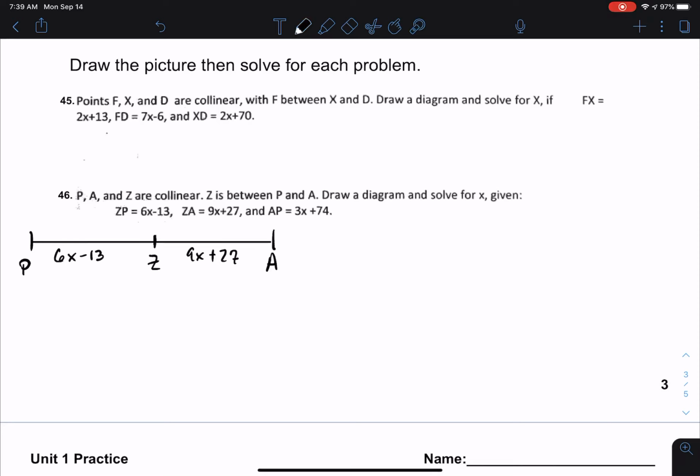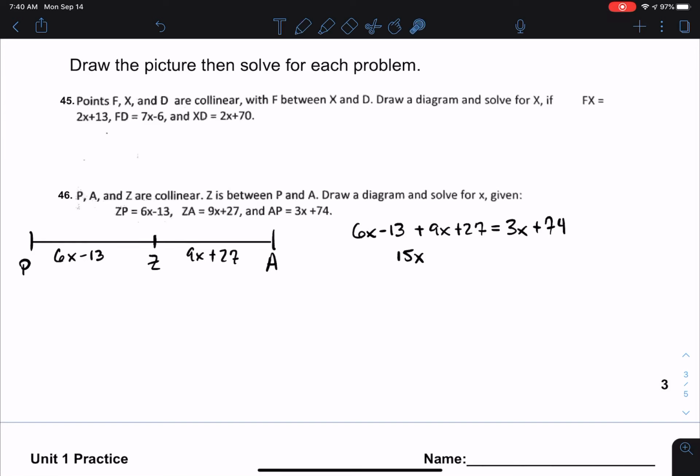So let's write that out. We have 6X minus 13 plus 9X plus 27 equals the total distance, which is 3X plus 74. Now we have to solve for X using algebra, which we learned from Algebra 1. 6X plus 9X gives you 15X on the left side here.